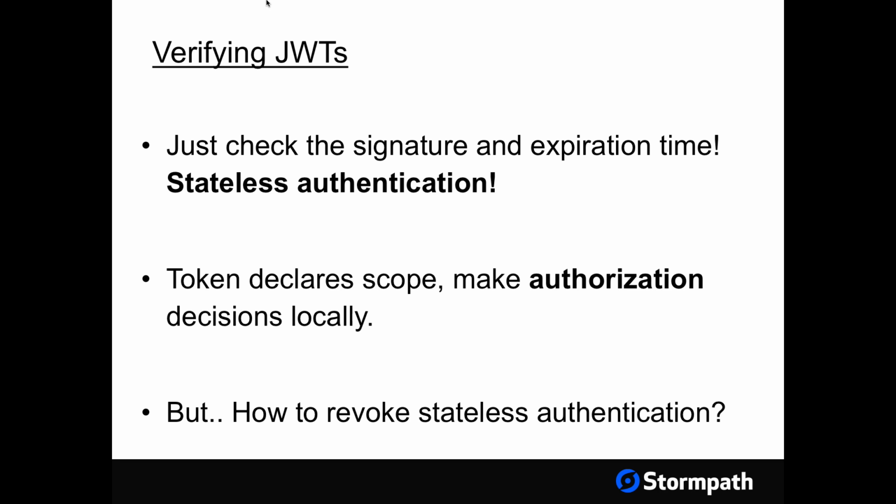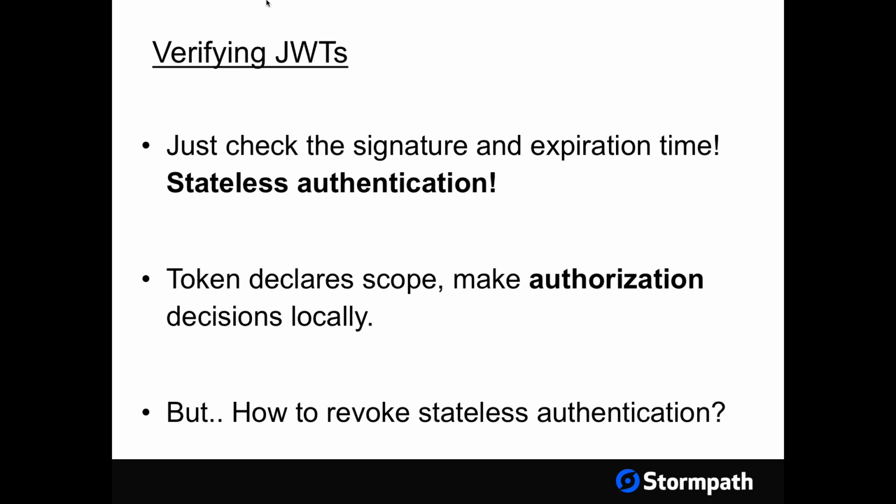So on the verification side, this is where it gets super fun and exciting and feels very new. Because it's just a signature validation and an expiration time check, you've now got this stateless authentication mechanism. As long as wherever in your stack you're verifying authentication tokens, that component has access to that private key, now it can just verify signatures and look at expiration times and be like, yeah, I trust this user.